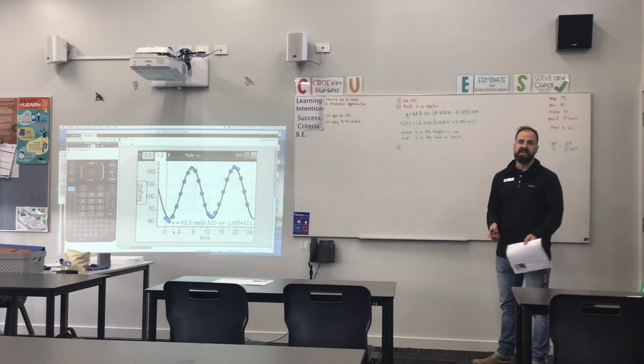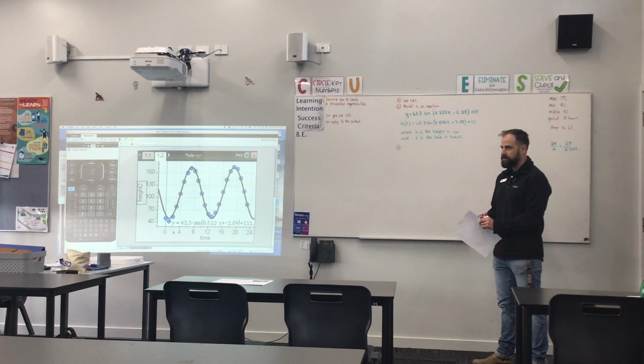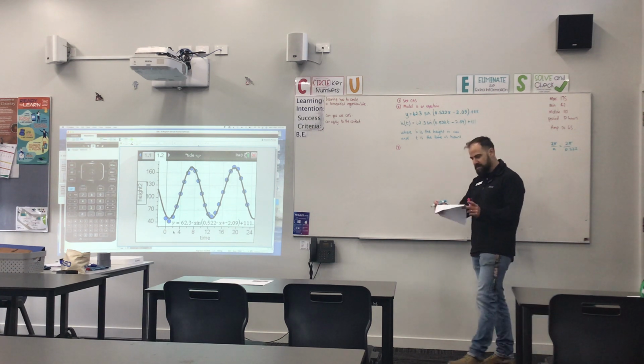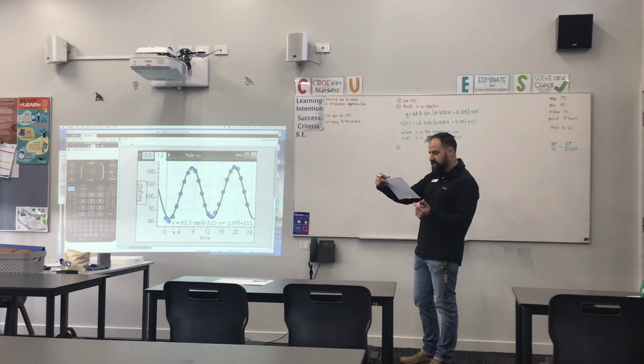All right, what's the questioning word? What's the question word? What's like the key word in that statement? Use your model to predict the height when the tide is 2:30 p.m.